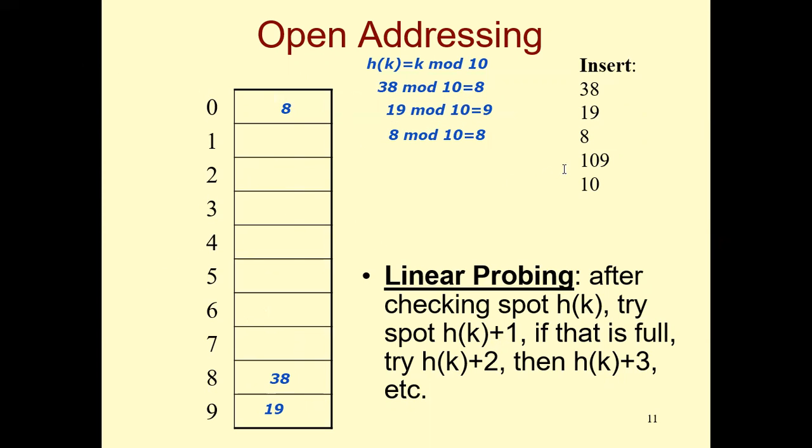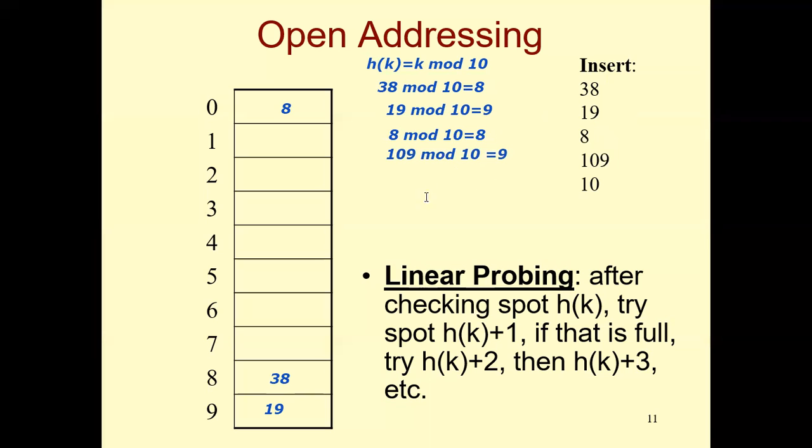So the next value we have is 109. So we have 109 mod 10. Again, this is going to lead to a collision. 109 mod 10 is going to be equal to 9.